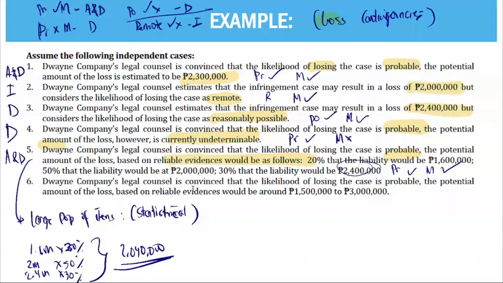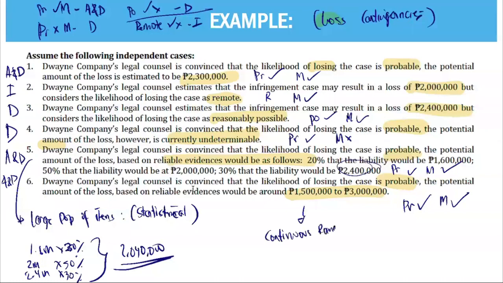Number six, Dwayne Company's legal counsel is convinced that the likelihood of losing the case is probable. The potential amount of the loss based on reliable evidences would be around 1.5 to 3 million pesos. So probable and measurable. Therefore, accrue and disclose. What do we call this 1.5 and 3 million? Continuous range.